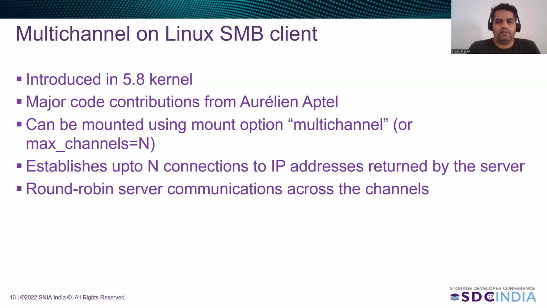Azure Premium Files, on the other hand, will just return a single interface with a single IP address. But this IP address is a virtual IP address, so it does not mean that it will all go to the same front end for the server. Since this is a cloud solution, each of these channels can be set up to different front ends, even if the virtual IP remains the same.